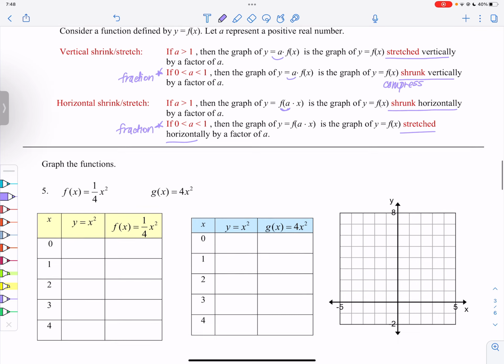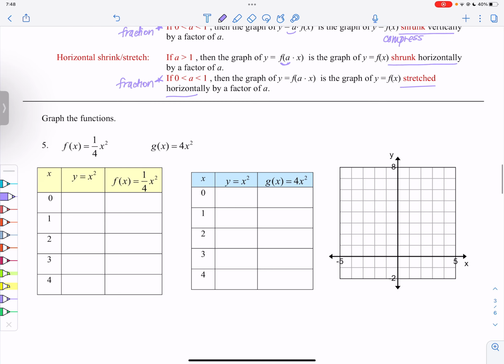So let's see what we have here. We've got a little example here. We have two functions, f and g. And let's go ahead and see what happens. Again, we have a parent function of y equals x squared.